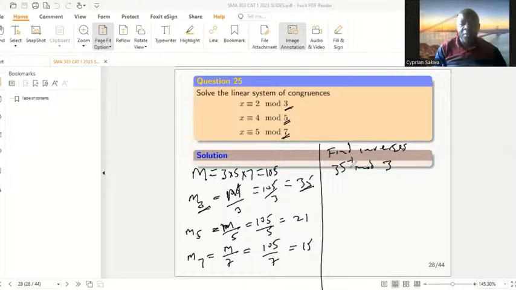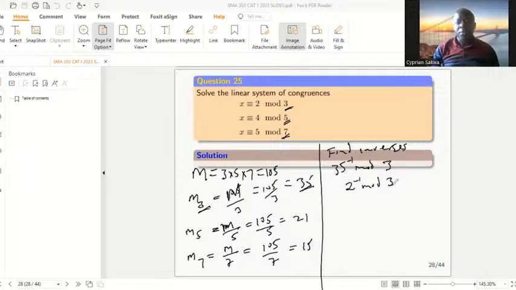But for me to do that, I first of all reduce 35 mod 3. 35 divided by 3, 11 times. What will be the remainder? 35 minus 33, the remainder will be 2. So finding the inverse of 35 mod 3 is the same as finding the inverse of 2 mod 3.